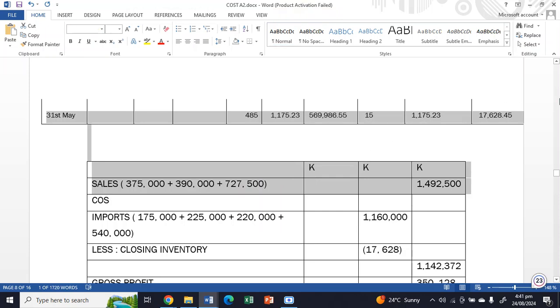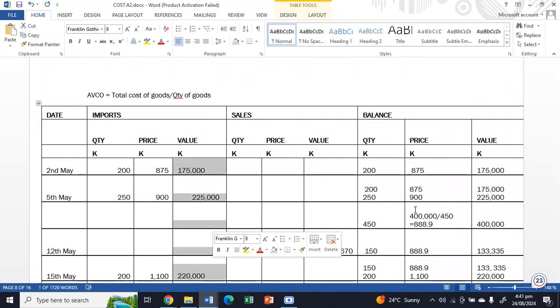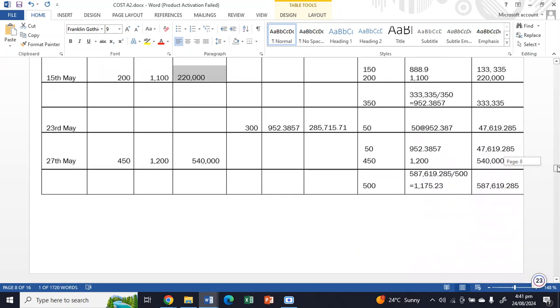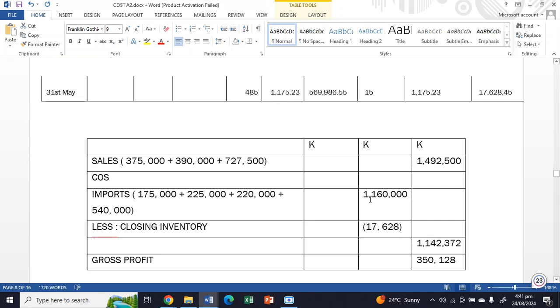It will also be the same with FIFO and LIFO. The only difference that you're going to have is your closing inventory. The closing inventory here is 17,628.45.